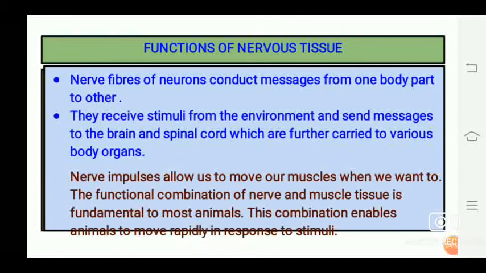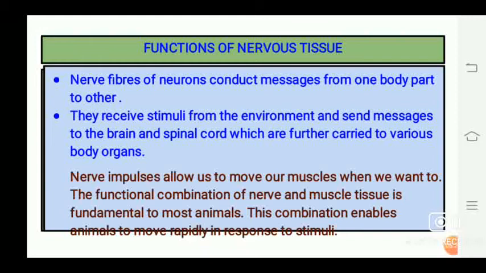Functions of nervous tissue. What are the different functions of nervous tissue? Nerve fibers of neurons conduct messages from one part of the body to another part of the body. Secondly, they receive stimuli from the environment. The stimuli received from the external environment, they send these messages to the brain and spinal cord, which are further carried to various body organs.